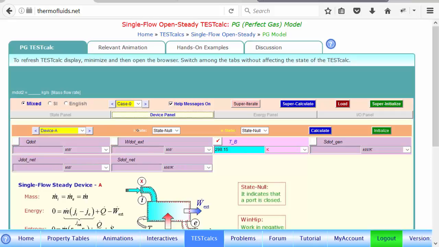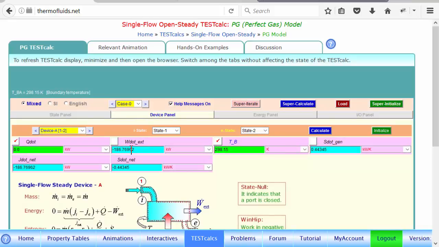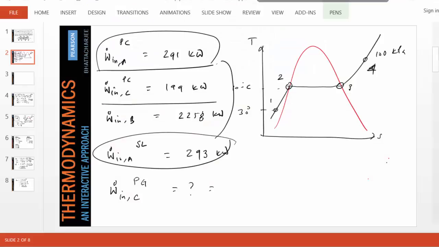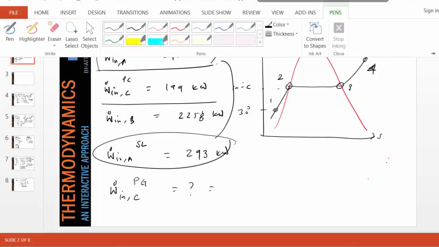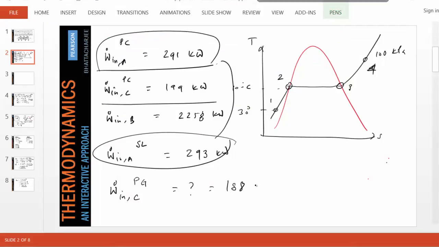Now if you go to the device panel and set it up, inlet and exit, no heat transfer, and bingo, we get minus 188 approximately. So you get 188 kilowatt. It's not as good as the PC model, but not bad either. So the idea is, what is a gas?